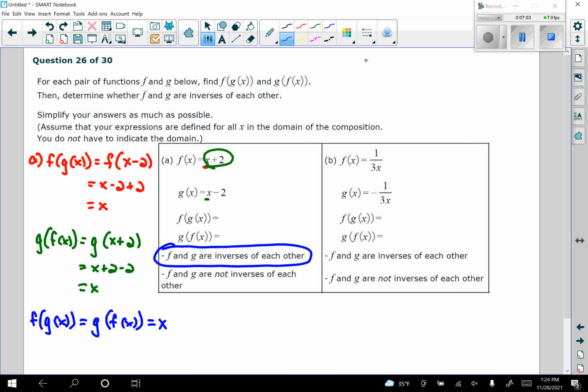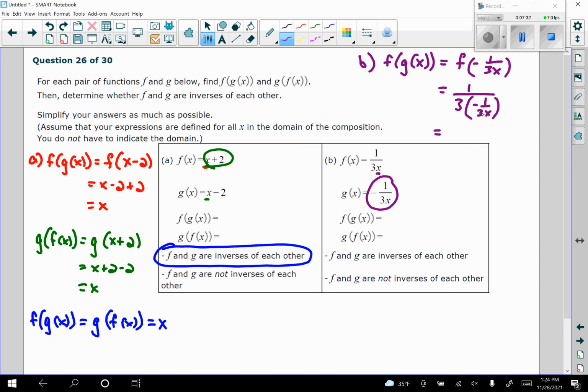Okay, for part B, we'll do f of g of x. So this becomes f of negative 1 over 3x. So I want to substitute this entire expression right in here. So now this becomes 1 over 3 times negative 1 over 3x.